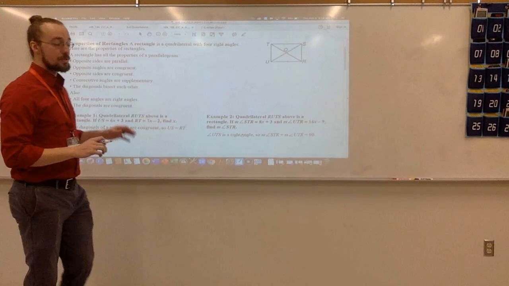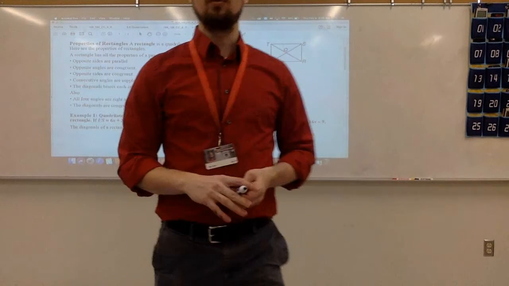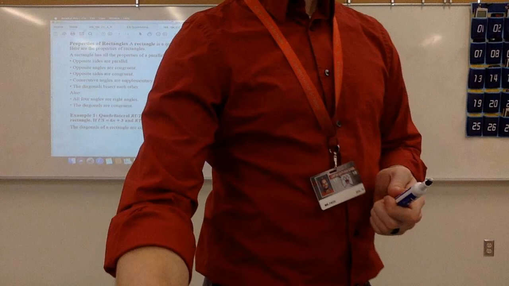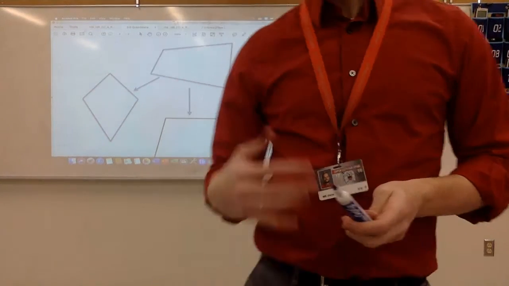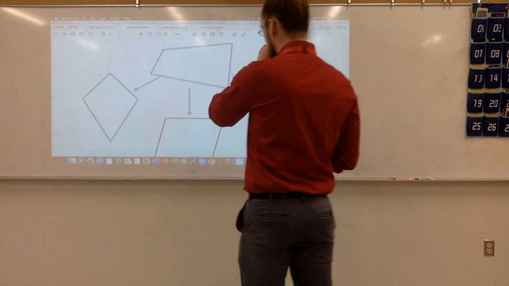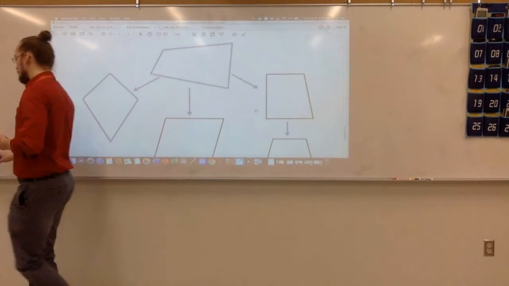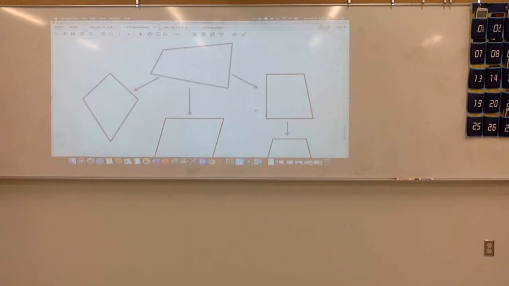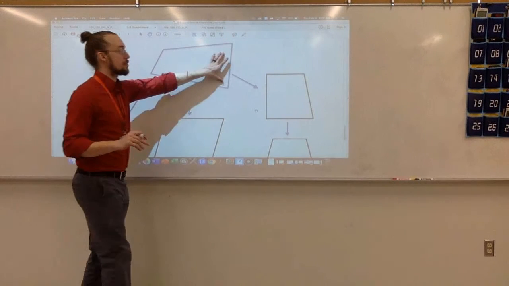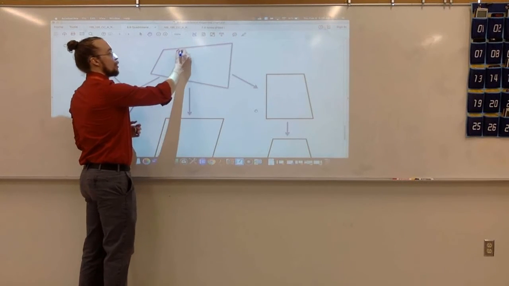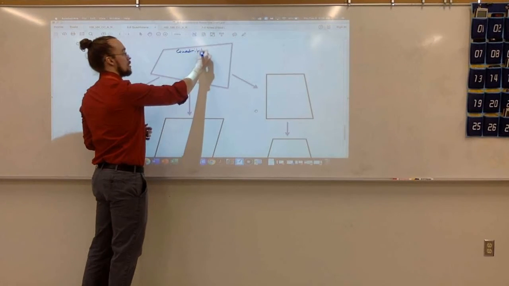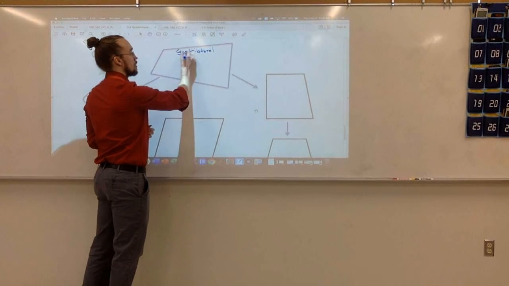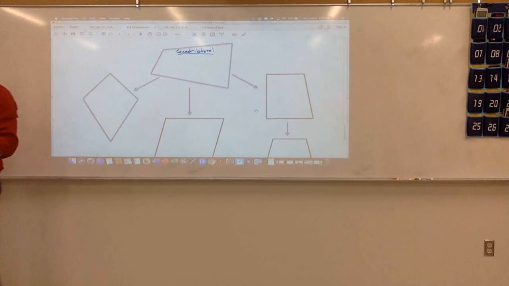But first, the other sheet that I gave you, we're going to use for the rest of this chapter to organize all of these properties. So let's start by filling in some of this information on this sheet before we get to the problems on the other note sheet. So at the very top, this is just a generic quadrilateral, a four-sided shape.